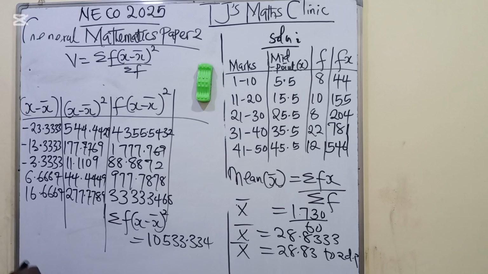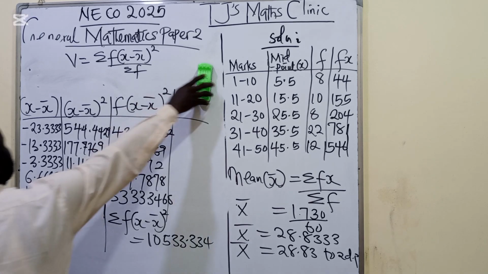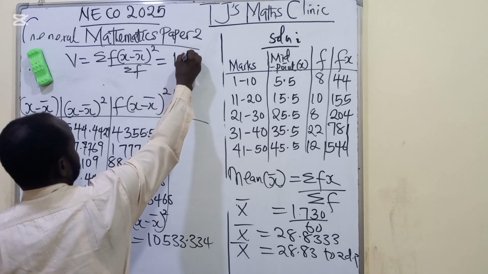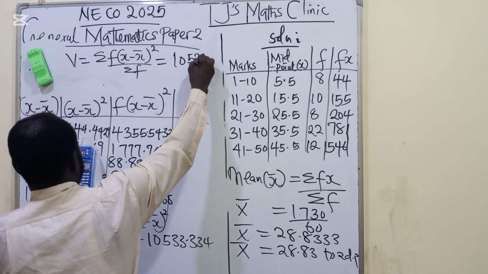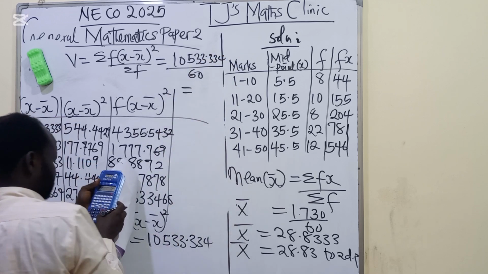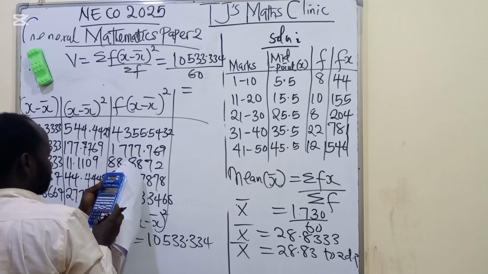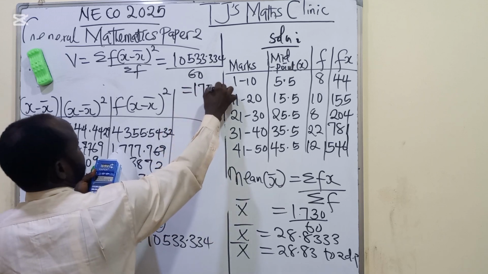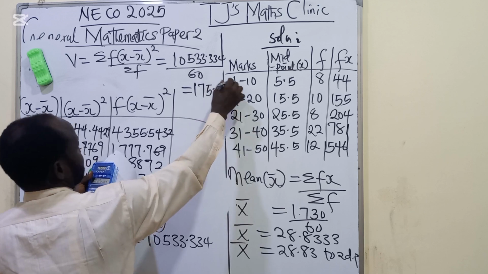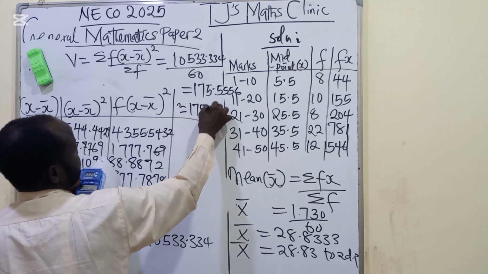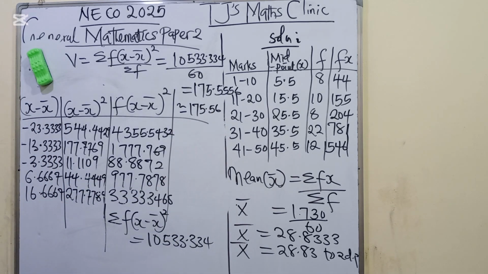So to find the variance now, we divide this number by summation f, which is 60. 10533.334 divided by 60, what are we going to get? We'll get 175.5556, to 2 dp it will be 175.56. So this is the variance to this question.